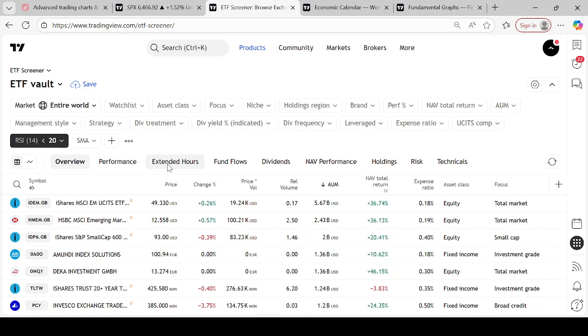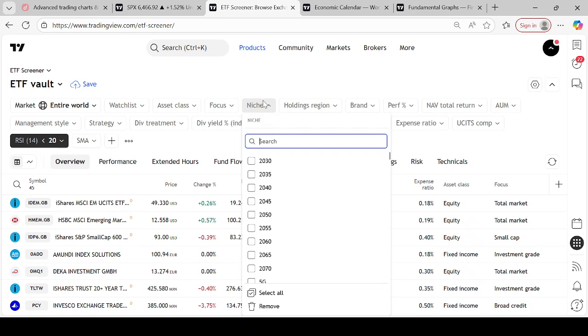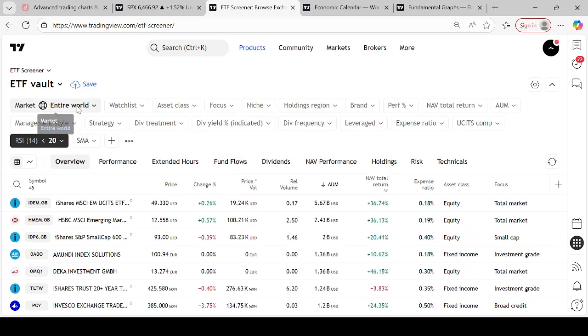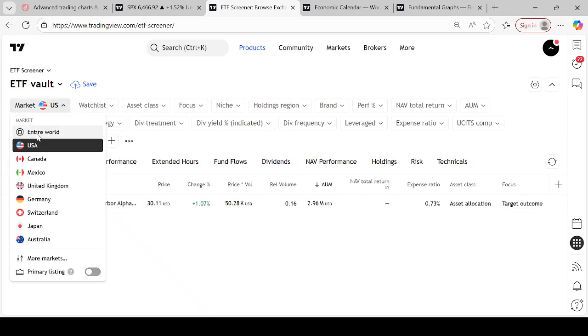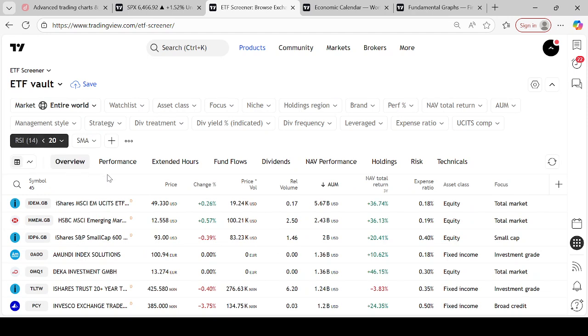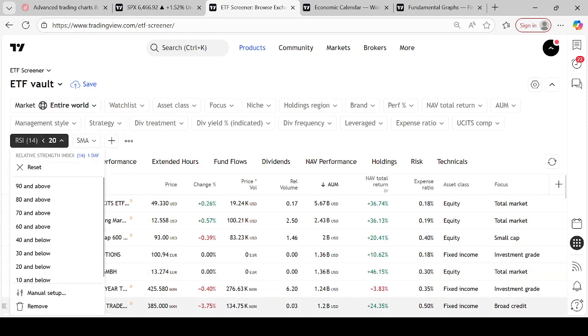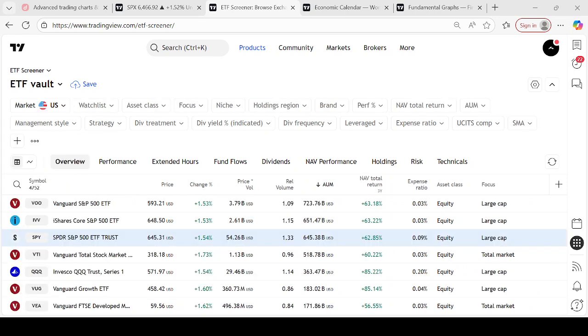First, you identify the sector showing increasing relative strength compared to the S&P 500.